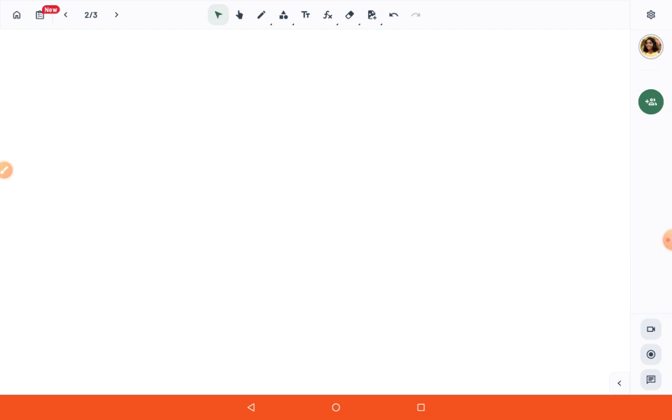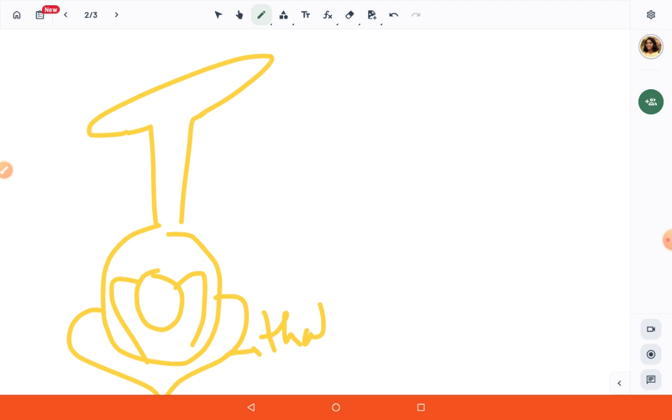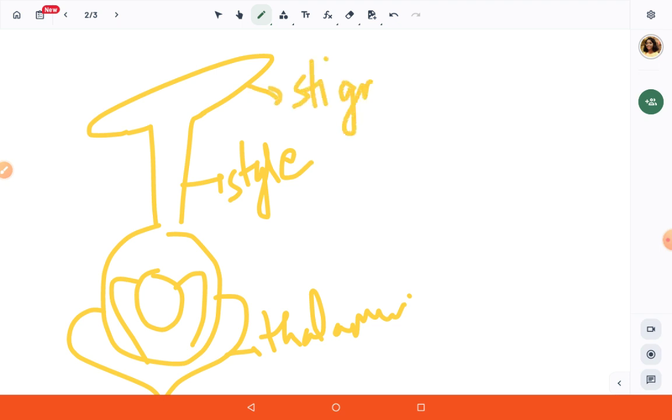Look here, from the very basic I'm going to start. This is what you all know, right? This is the thalamus. Quick revision, okay? This is the thalamus. This was the style, and this was the stigma.